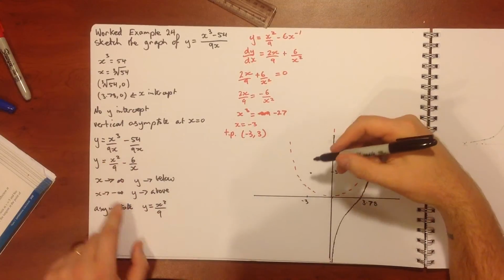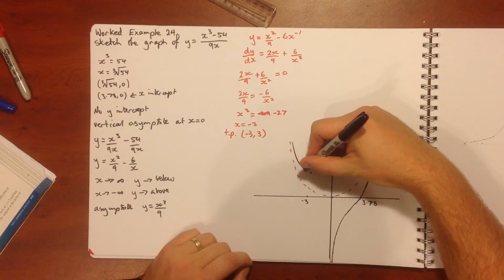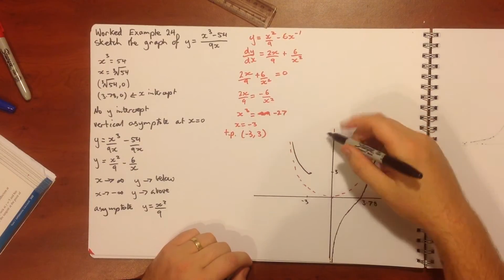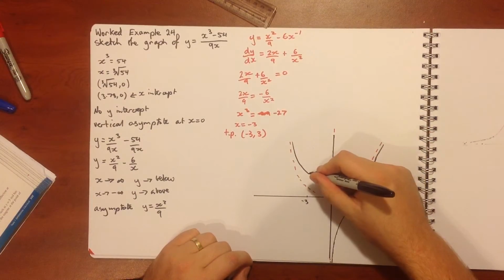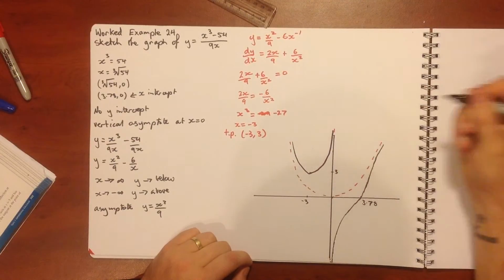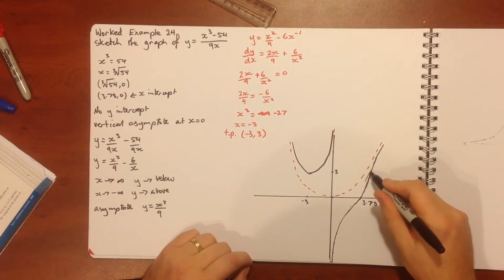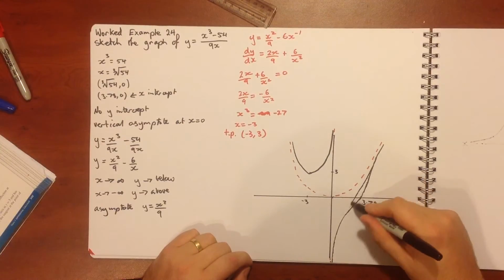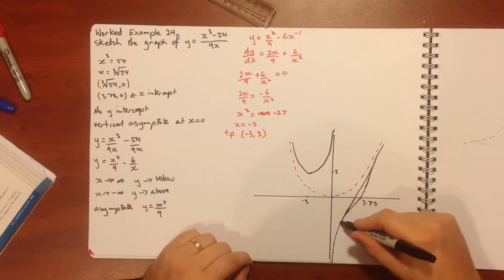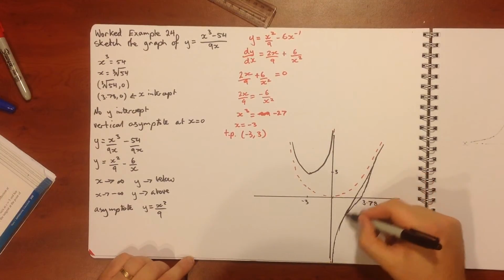Now we know we approach this asymptote from above, so we're going to come this way. We know we've still got this vertical asymptote that we're going to approach as well. So it's going to come up like that. This should have been a little bit more just like that. I didn't draw that one very well, so it should have been a little bit more like this one here.